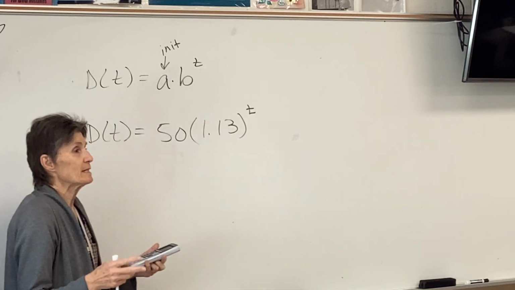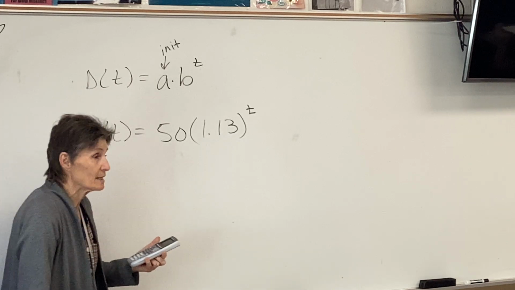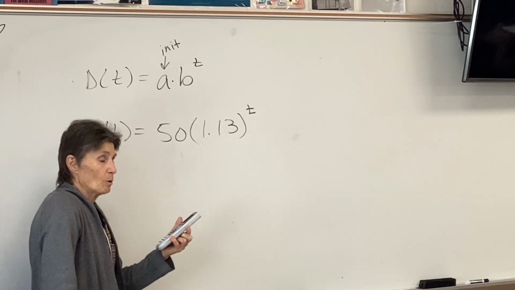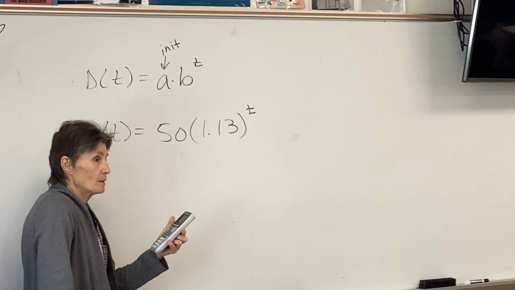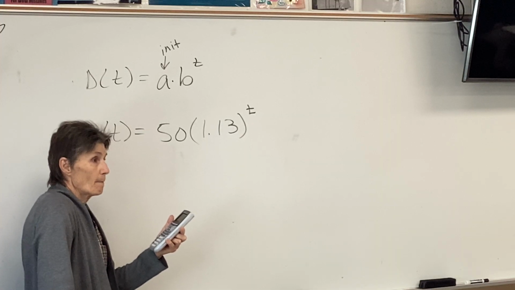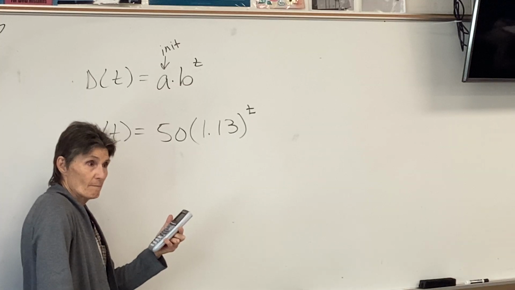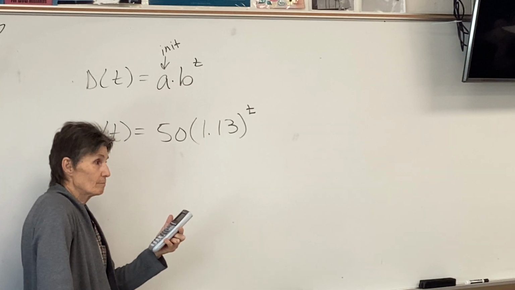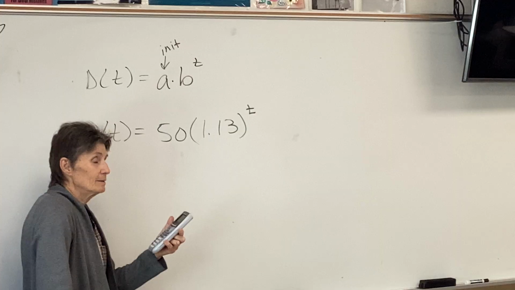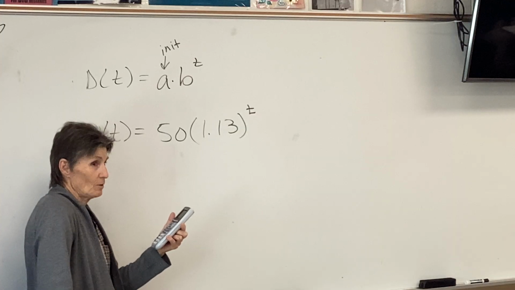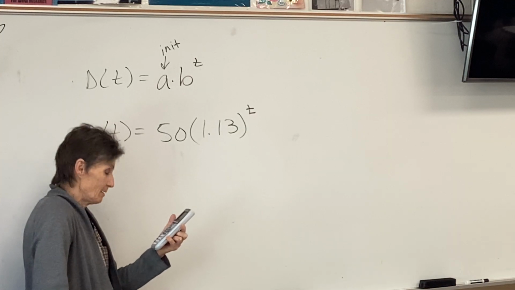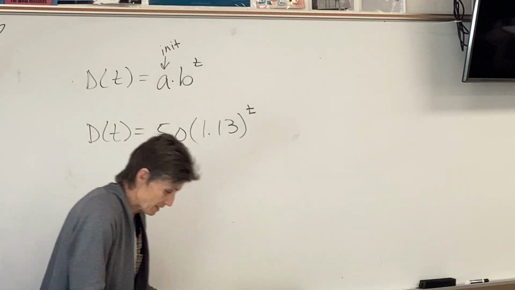And let's answer reasonably since we're talking about deer. Shall we just say 104? Would that be okay with everyone? Would someone nod at me or shake your head just so I know that? Okay. Thank you, thank you.